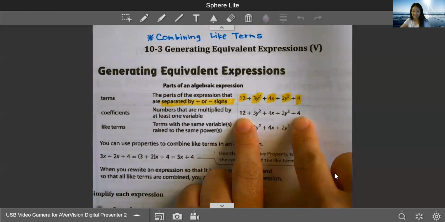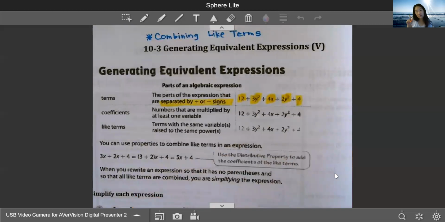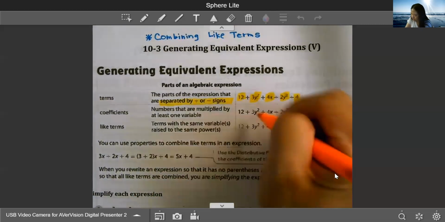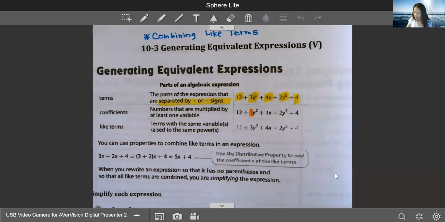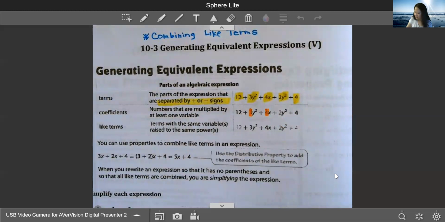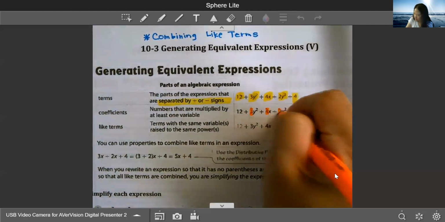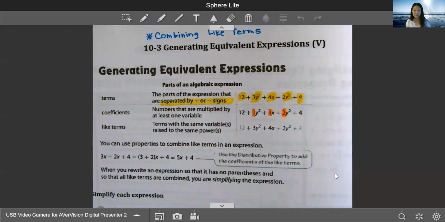These are constants, right? So these have coefficients, and the coefficients are: 3 is one coefficient, 4 is a coefficient, and for the last one, 2 is a coefficient. Okay, we already knew that.